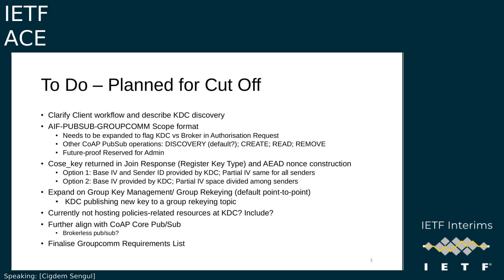Option two was, again, base IV provided by the KDC and the partial IV space divided among senders. This option was the one recently discussed with Francesca in the GitHub issues. But we feel option one might be a cleaner solution to create those unique nonces for each submission. And this might be something that we discuss in the working group.